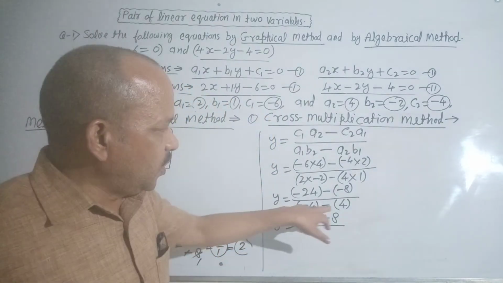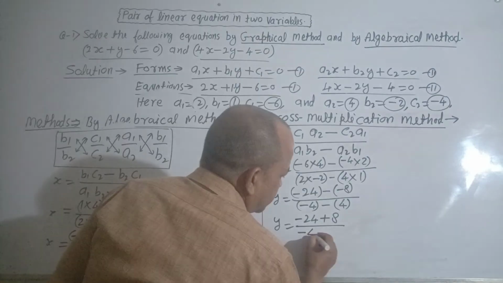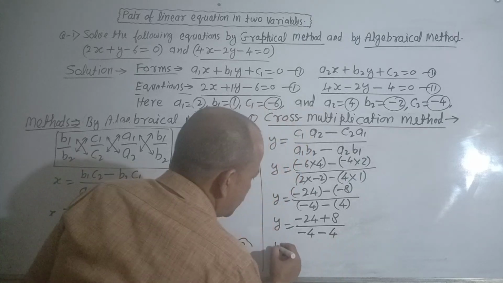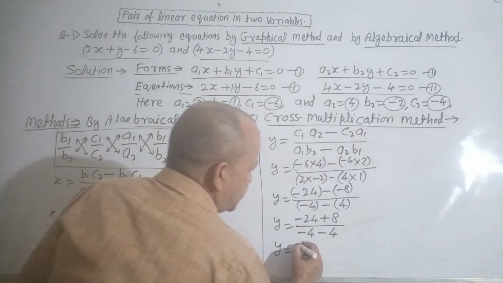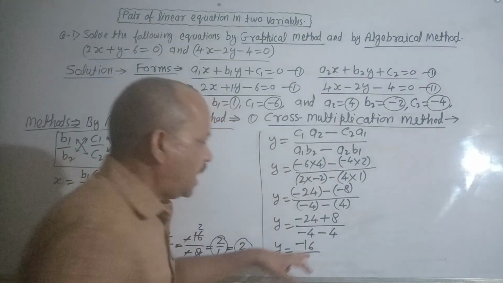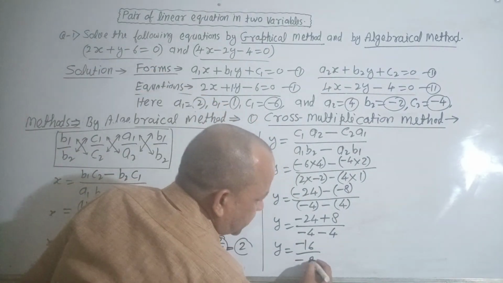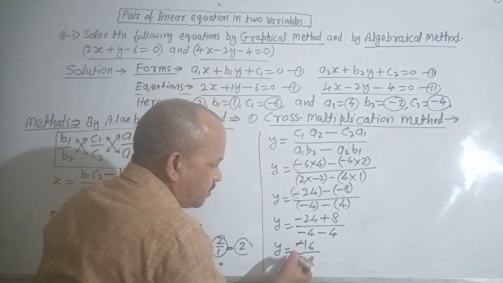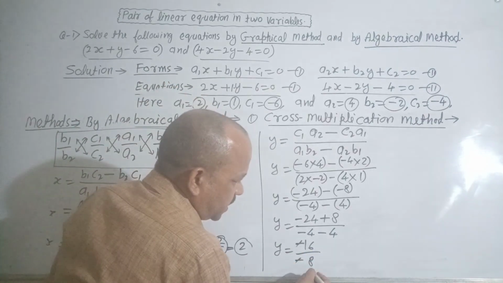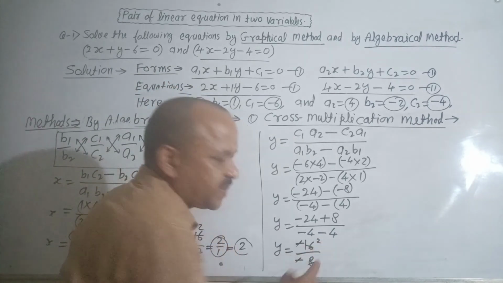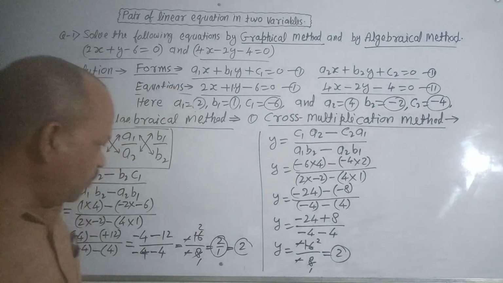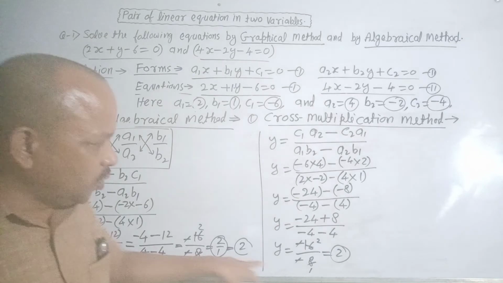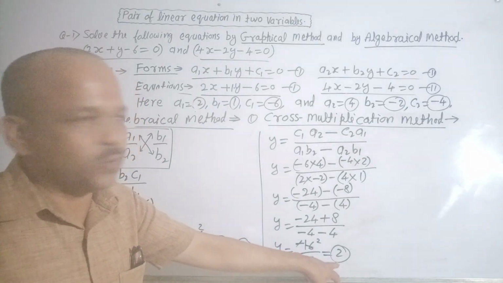Here minus 4 and minus 4. Y equal to, you subtract it. It become minus 16 and minus 8. Cut it. 8 ones are 8, 8 twos are 16, equal to 2. You find x equal to 2 and y equal to 2.